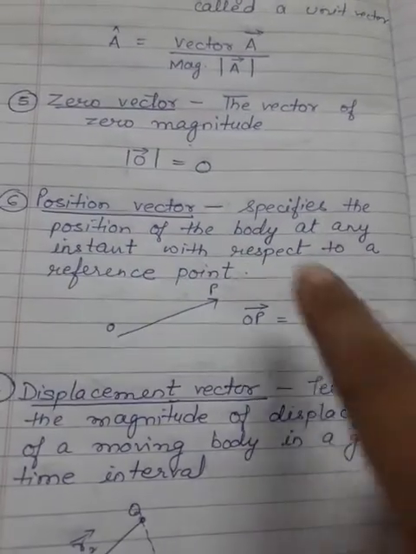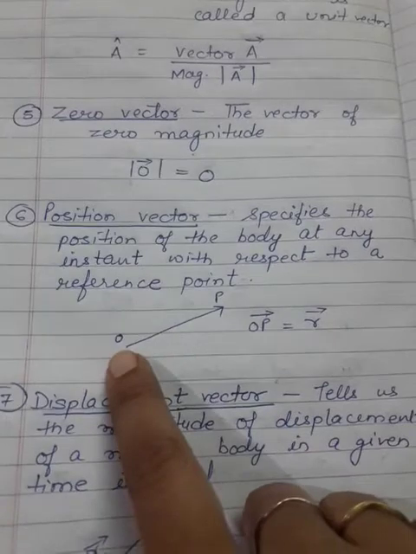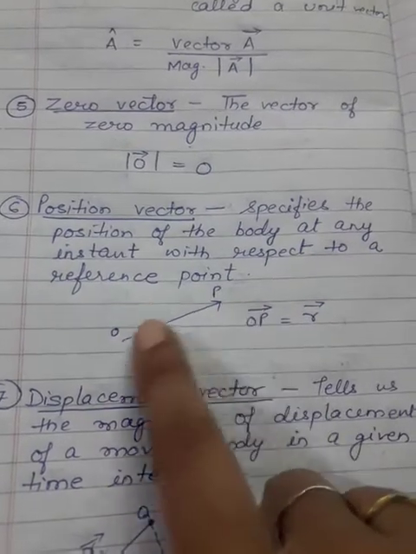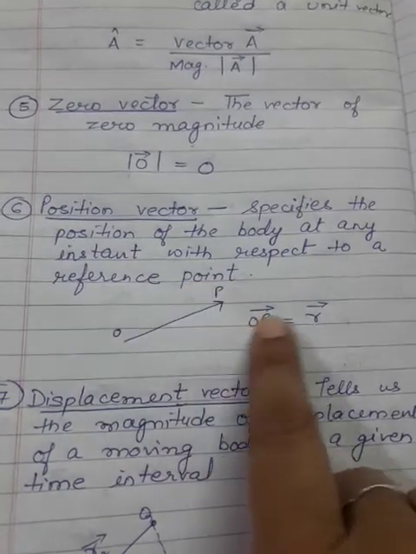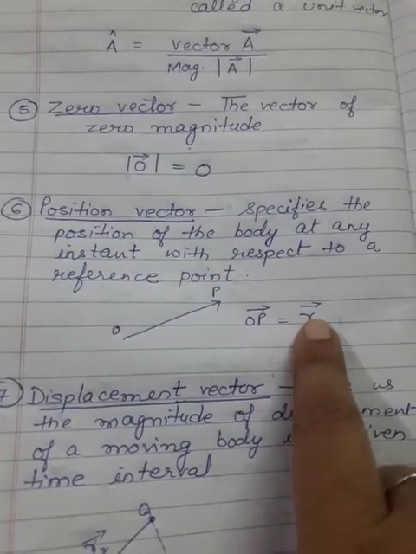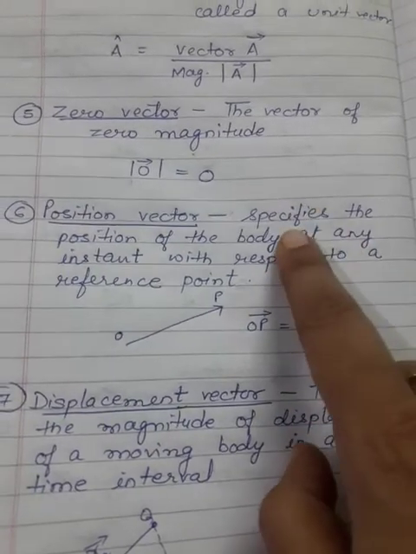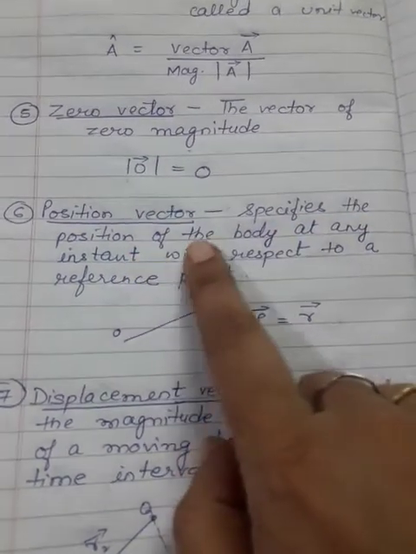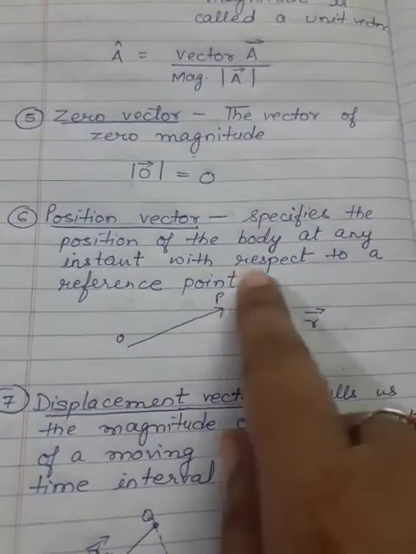Sixth one is called the position vector. Position vector means if you are representing any position, from O to P, then vector OP is the distance or the radius of a particular physical quantity. It specifies the position of the body at any instant with respect to the reference point.